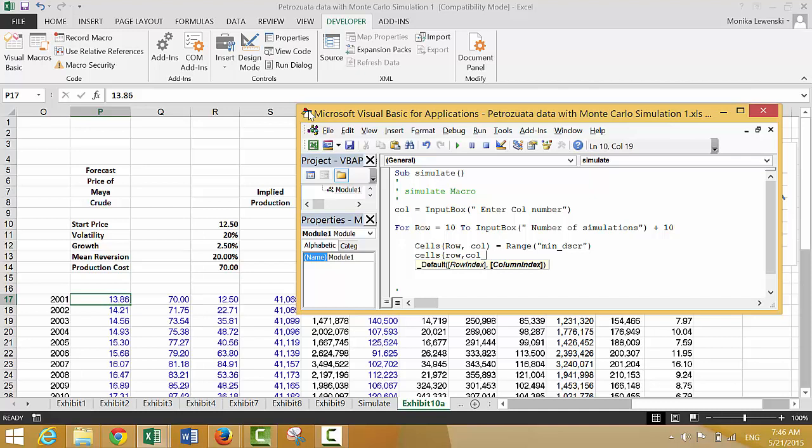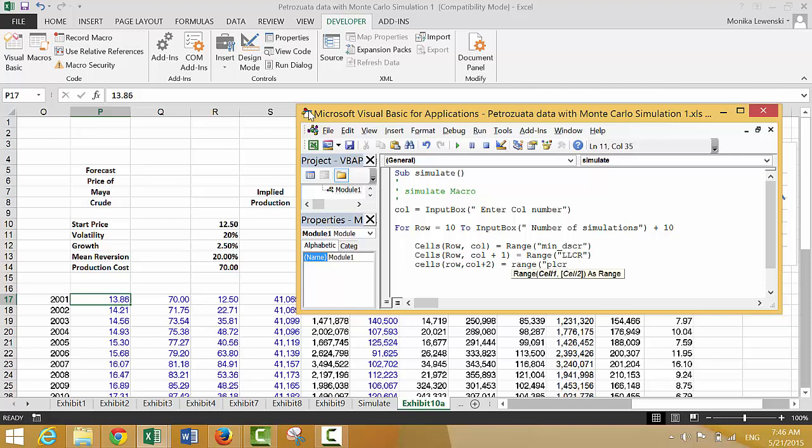Then cells, row, comma, col plus 1, equals range LLCR, and cells, row, comma, col plus 2, equals range PLCR.